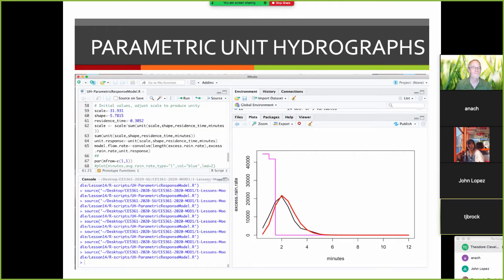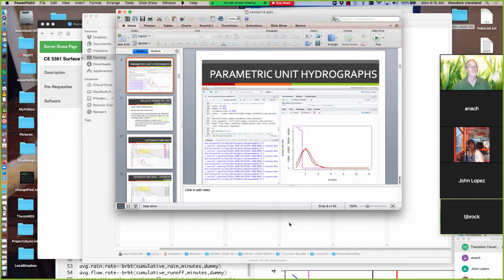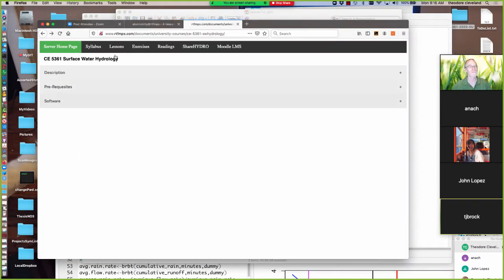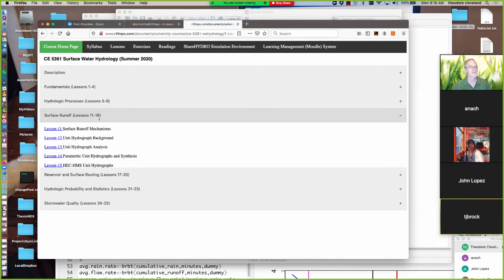Here's the same problem done in our script, which I checked on earlier, and that's located on the server, and I will show you where, only if I click on the correct one.